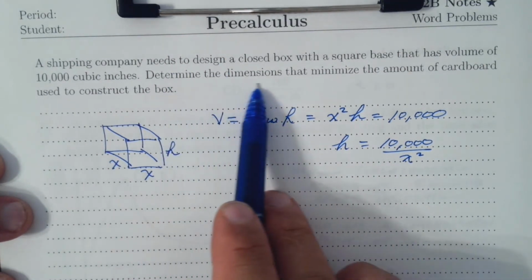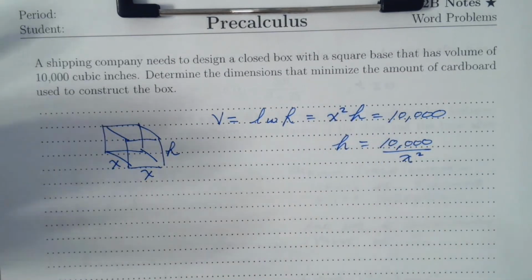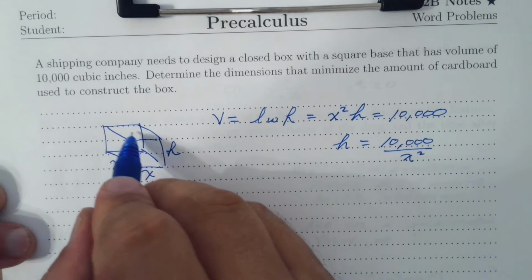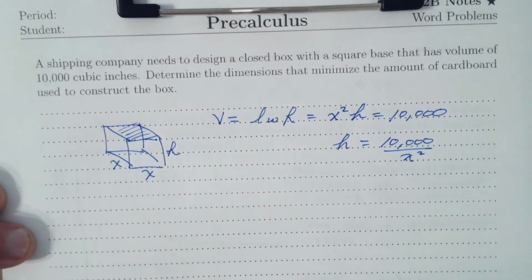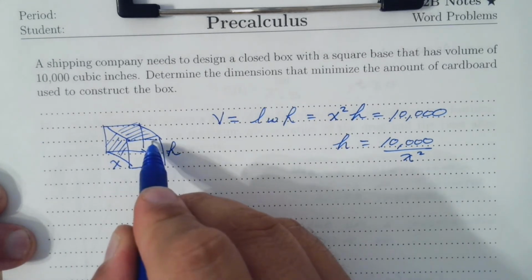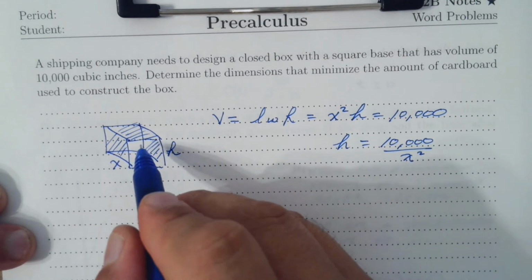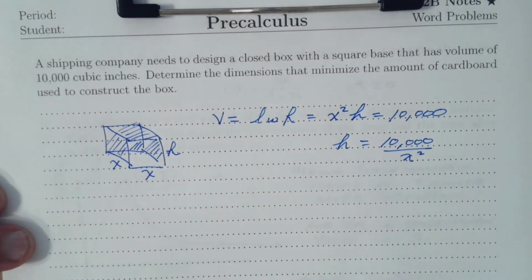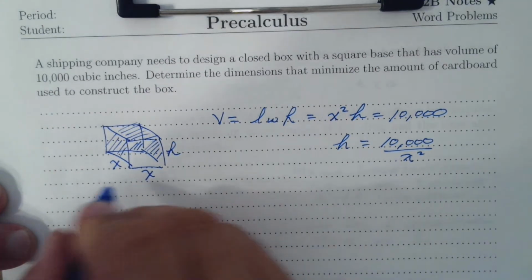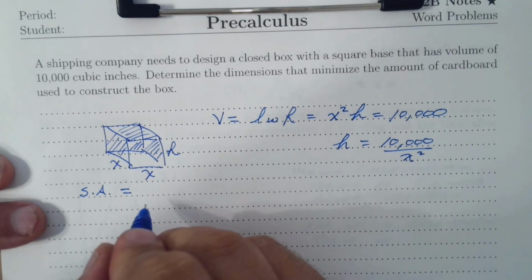Now, we need to determine the dimensions that minimize the amount of cardboard used to construct the box. So what measure do we need if we're talking about how much cardboard we use? That measure is going to be the surface area. How much surface area is this box going to take up? So I need an equation for my surface area.